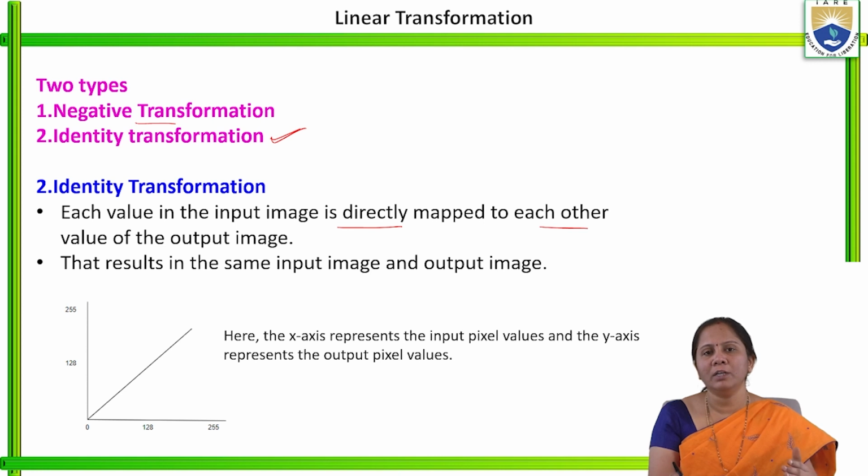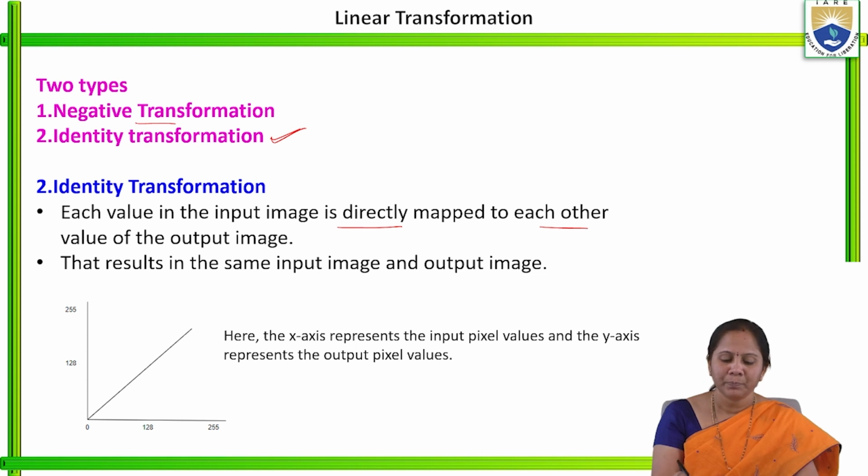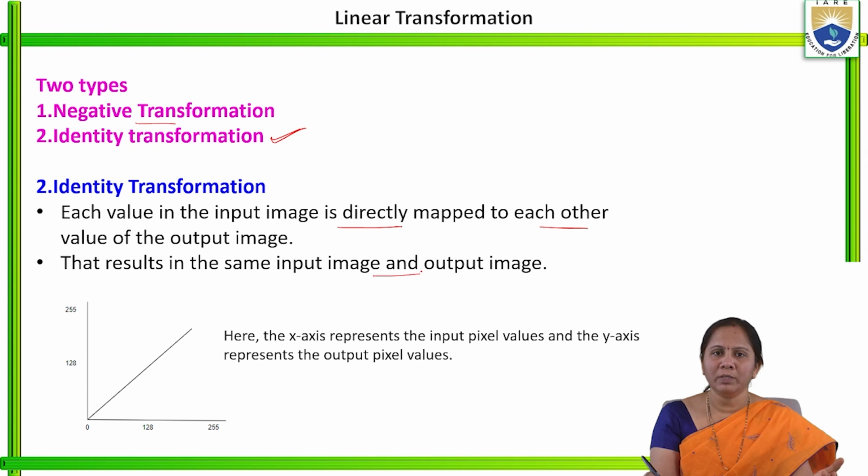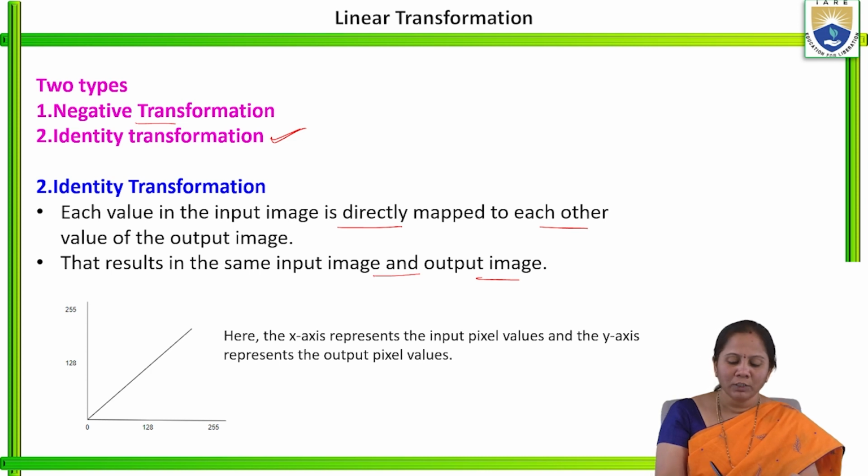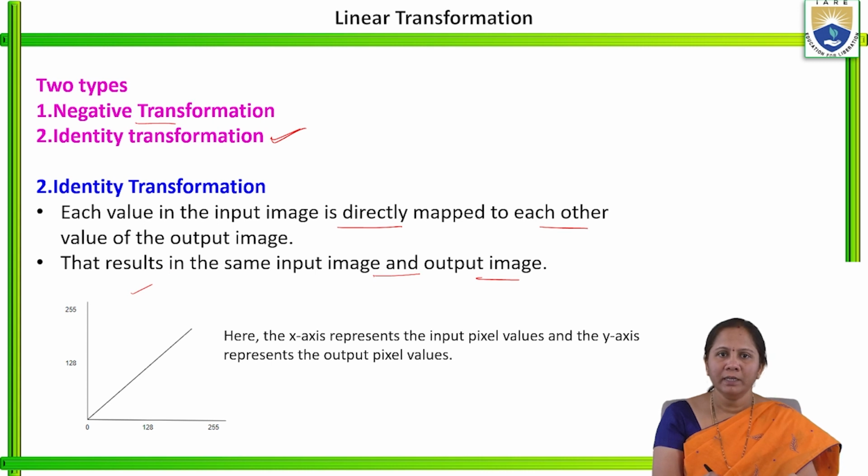That means input value and output value both will be the same, so there will not be any change. The input image and the output image will be the same. So this is the graphical representation of identity transformation.